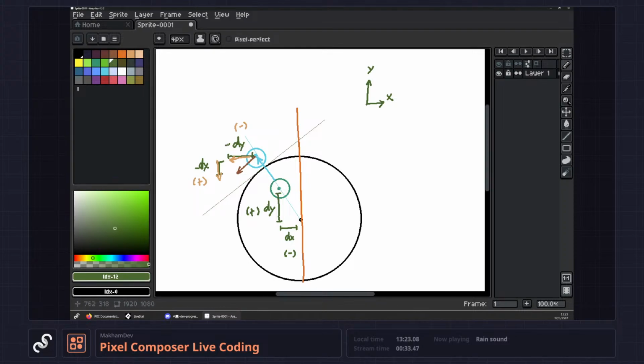So it's both negative dx, negative dy then. And if the circle is on this side, it has to go this way.